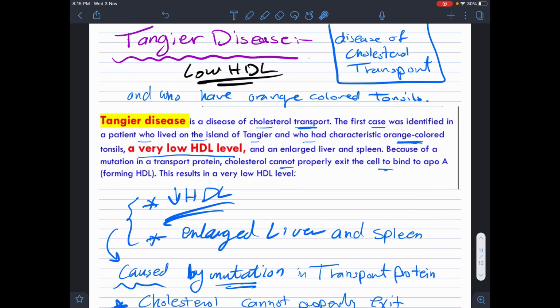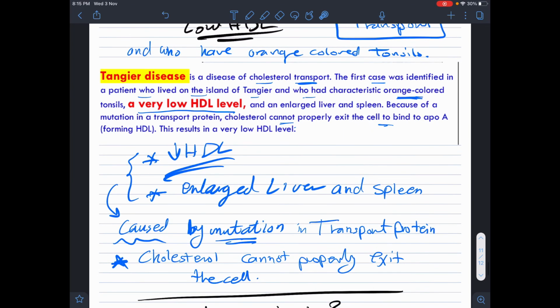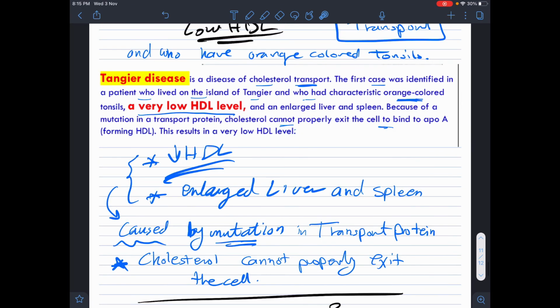This is caused by very low HDL, and it causes an enlarged liver and spleen. It's caused by a mutation in the transport protein, so the cholesterol cannot properly exit the cell. So it's actually a very low HDL level causing Tangier disease. The problem is with the cholesterol transport.